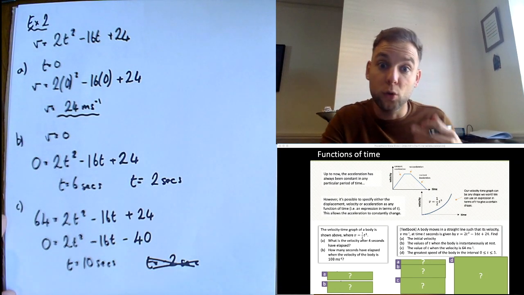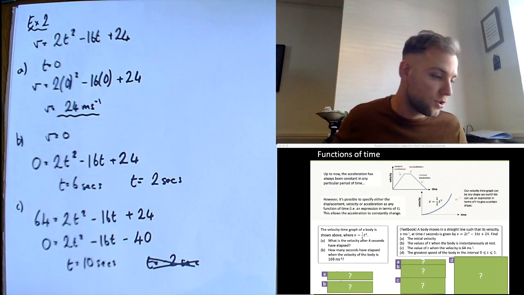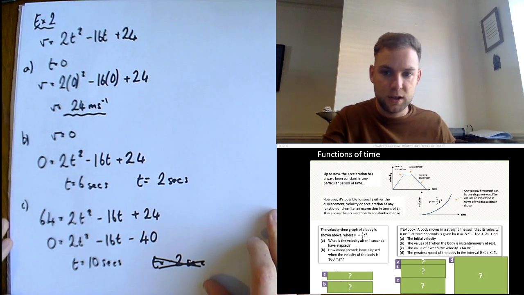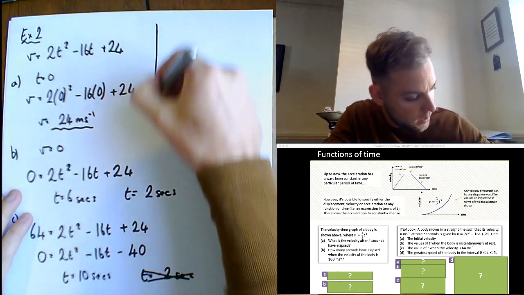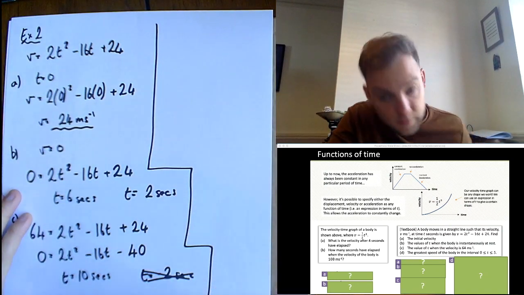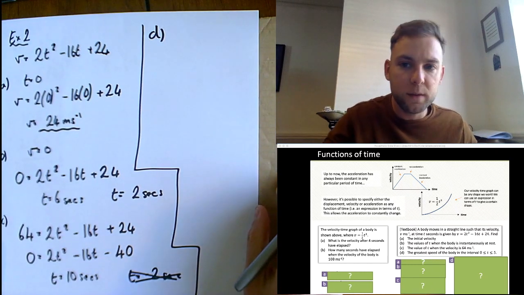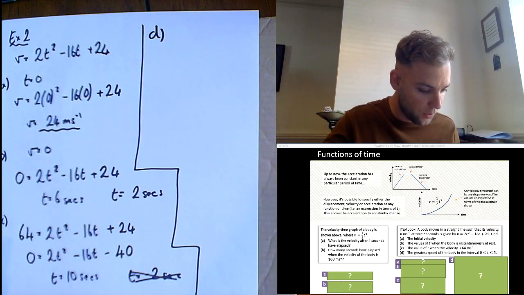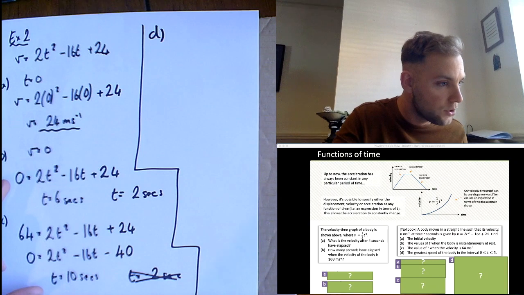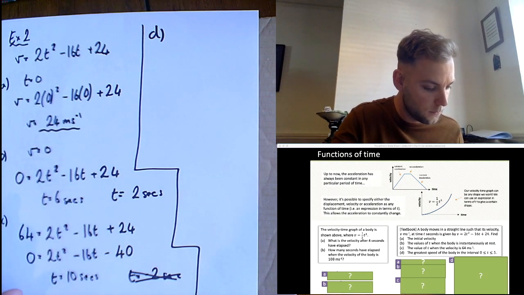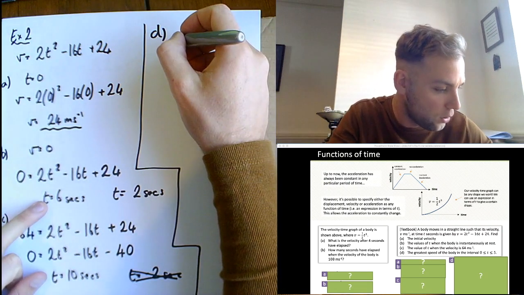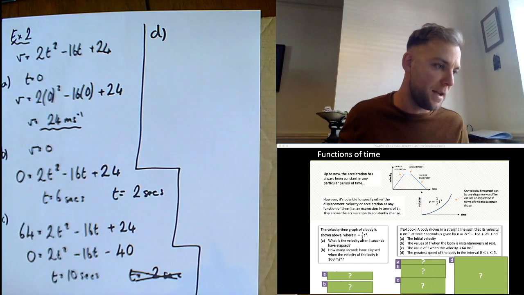So luckily we've got our calculator so that we can do this. So let's do D up here. Now we want it between 0 and 5. Let's first of all find out what the minimum is.